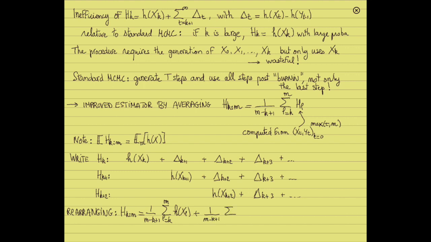And then we collect the bias correction terms by deltas together. And we find that this becomes a weighted sum, because the deltas appear multiple times. So we have this minimum of (m minus k plus 1) and (t minus k) times delta_t.